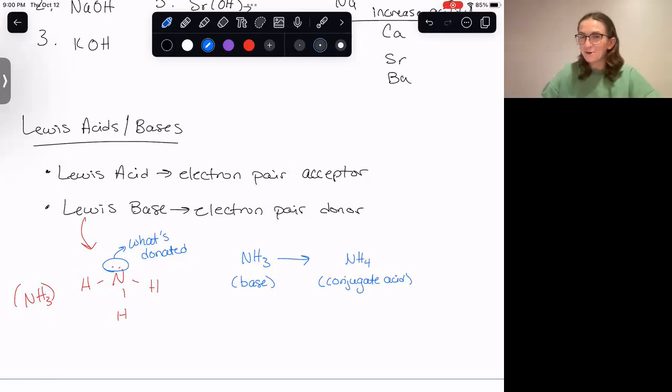Is the hydrogen going to be positive or negative? It'll be positive. So this is going to be NH4 plus. And this is ammonia, and this is ammonium, in case you need to see either one of those.